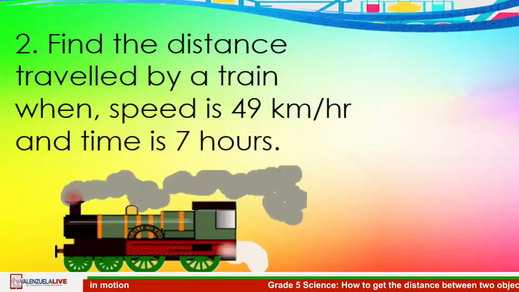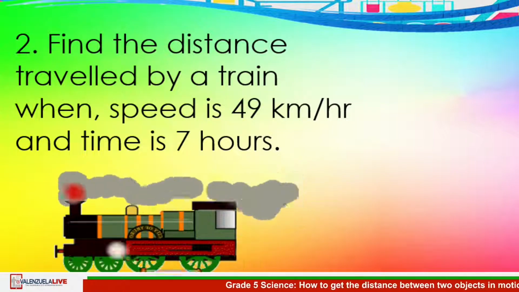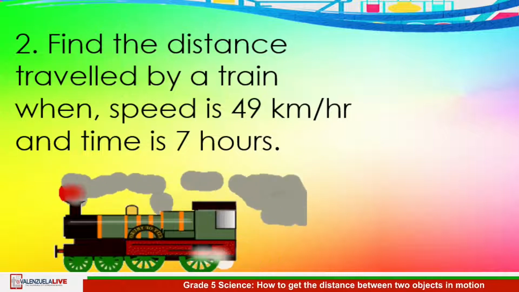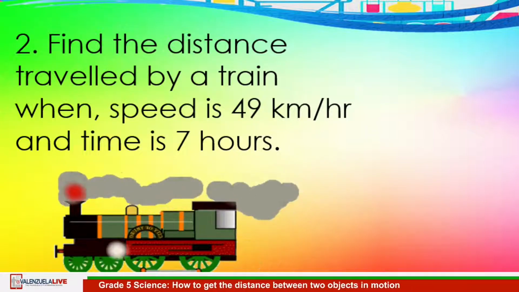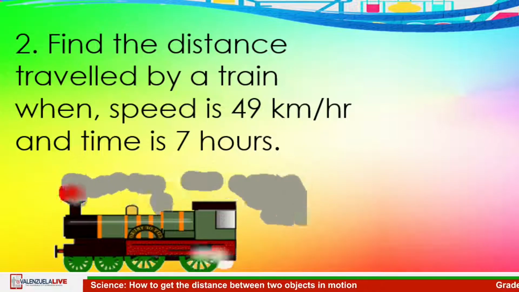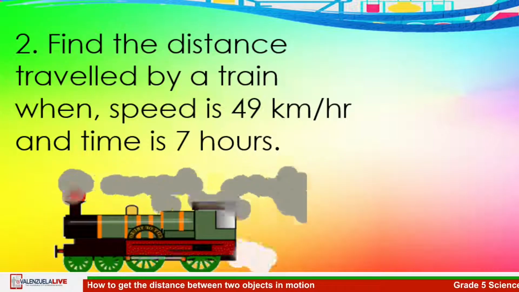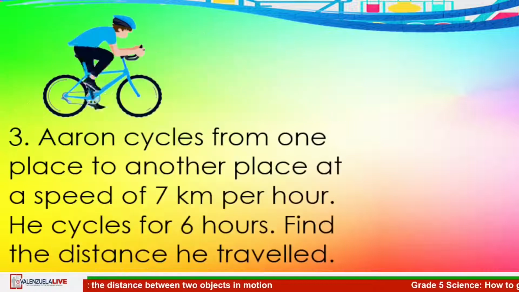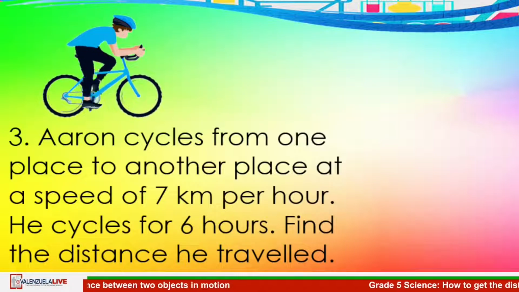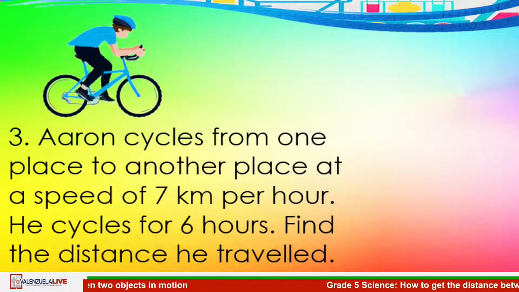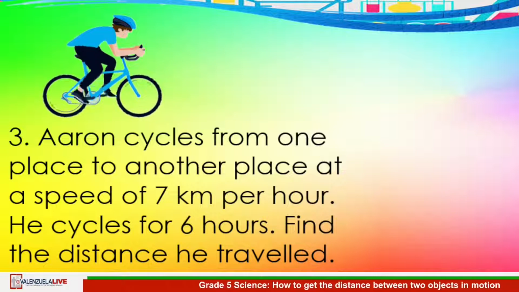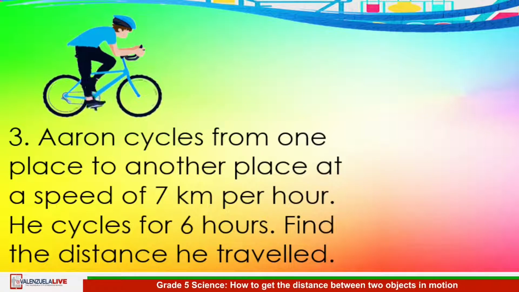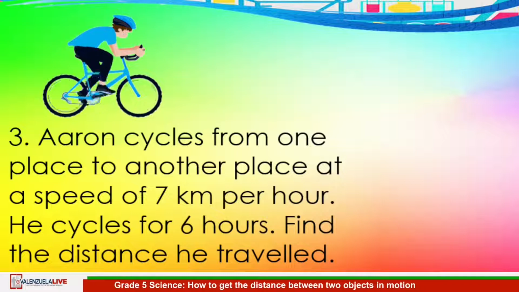Find the distance traveled by a train when its speed is 49 kilometers per hour and time is 7 hours. Number 3. Aaron cycles from one place to another place at a speed of 7 kilometers per hour. He cycles for 6 hours. Find the distance he traveled.